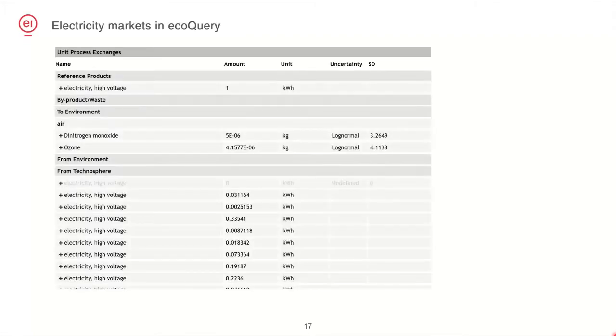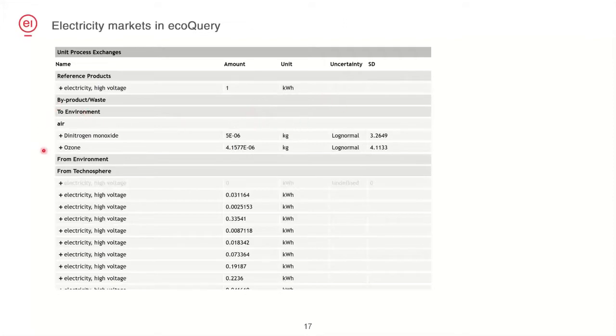In the next slide, I have a quick representation of how a market looks in ecoinvent. This is how a market dataset is represented in our online platform, EcoQuery. As you can see, there is a reference product of 1 kilowatt hour of electricity.